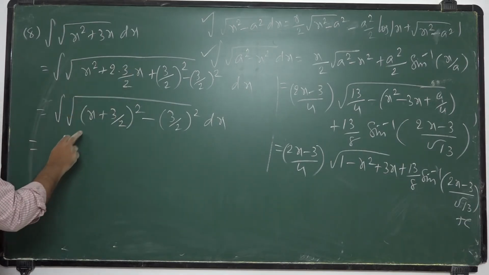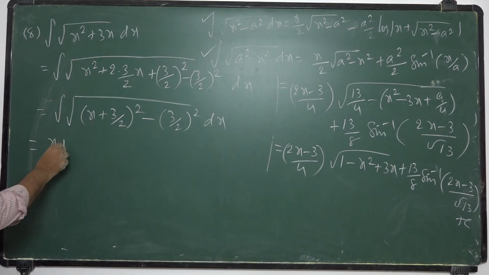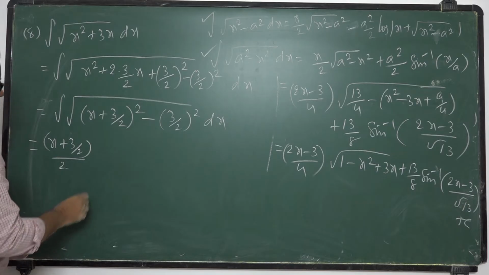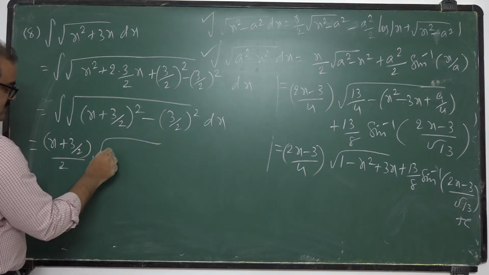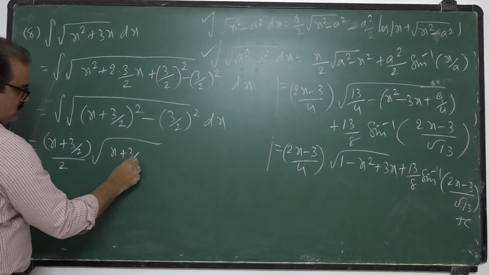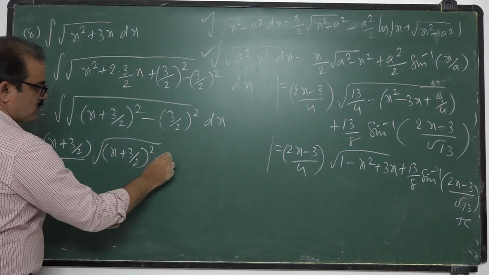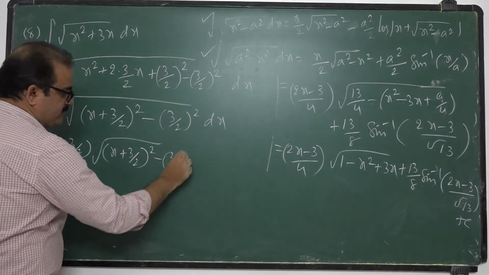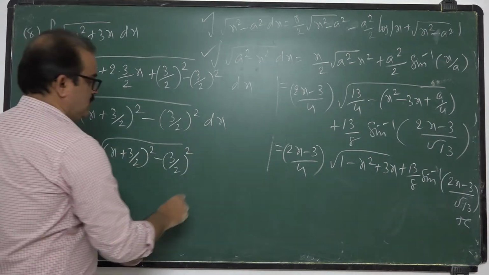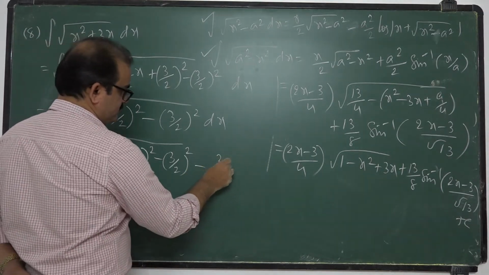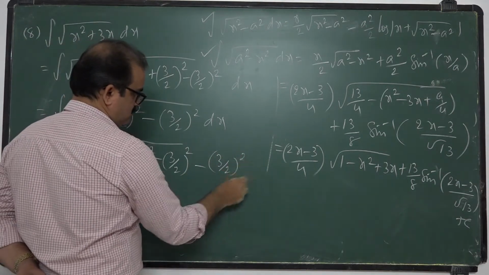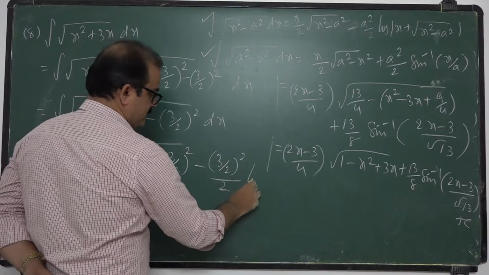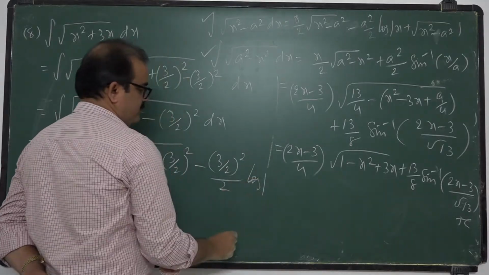from that formula x by 2, x plus 3 by 2 by 2, root of x square minus a square, minus a square by 2, a square is 3 by 2 whole square, into log mod x.